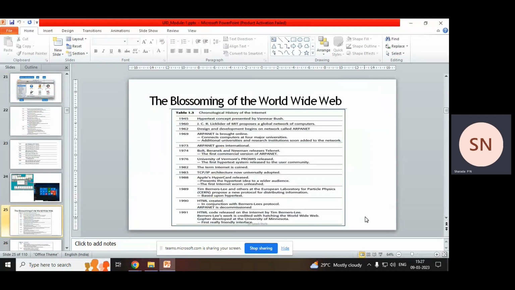In a graphical interface, the primary interaction mechanism is a pointing device of some kind. Next we will see the World Wide Web, WWW, and the history of the case. So this is the first introduction to the graphical user interface as well as the user interface.